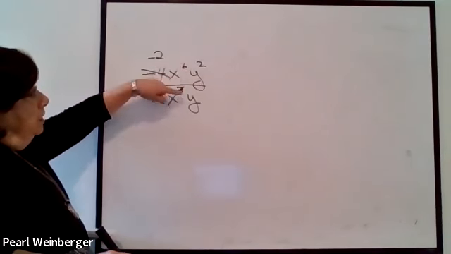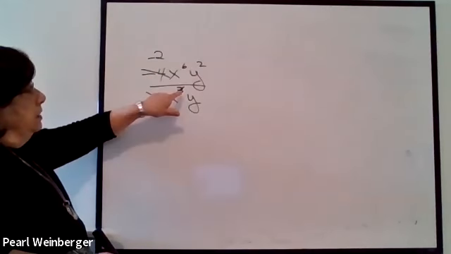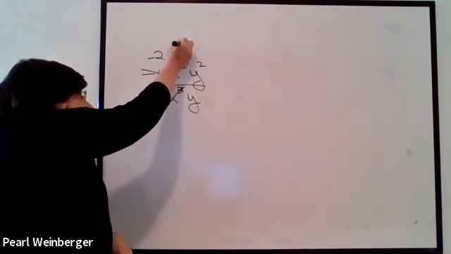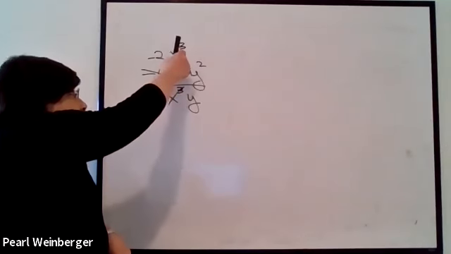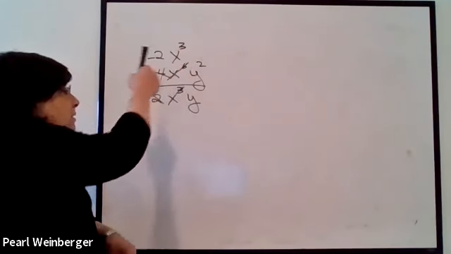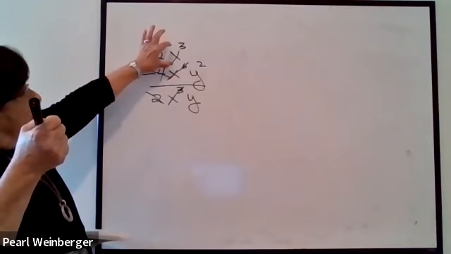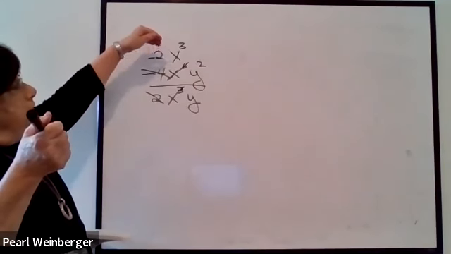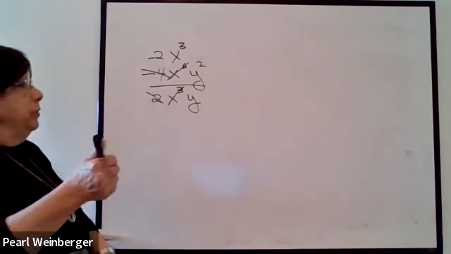So 6 minus 3, because when you're dividing, you're subtracting exponents. 6 minus 3 is 3. So I'm left with an x to the third. Notice I cancel out the lower one and I subtract it from the higher one, which means that my answer will always be in the position where the higher exponent was.